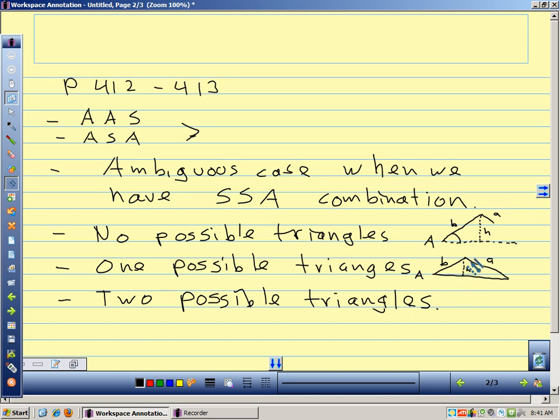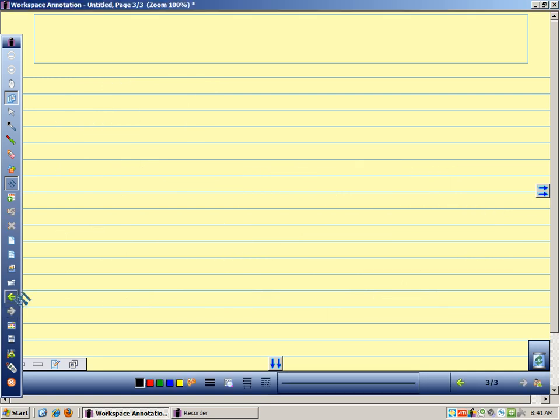I'm going to talk about the case when A is not bigger than B for the next one. So here A is less than B and A is less than H also, then they won't connect. So Cedric asked, why does A have to be bigger than B? I'll talk about the case when A is smaller than B for the next case when we have two possible triangles.